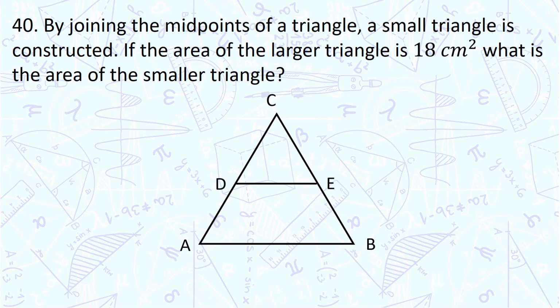Let us call that segment DE and segment EF, also segment DF. This is drawn by connecting the midpoints of the sides of the equilateral triangle. Hence, the equilateral triangle is divided into 4 equal triangles. So the area of that triangle formed will be 1/4 of the area of the larger triangle. That is 4.5 square centimeters.